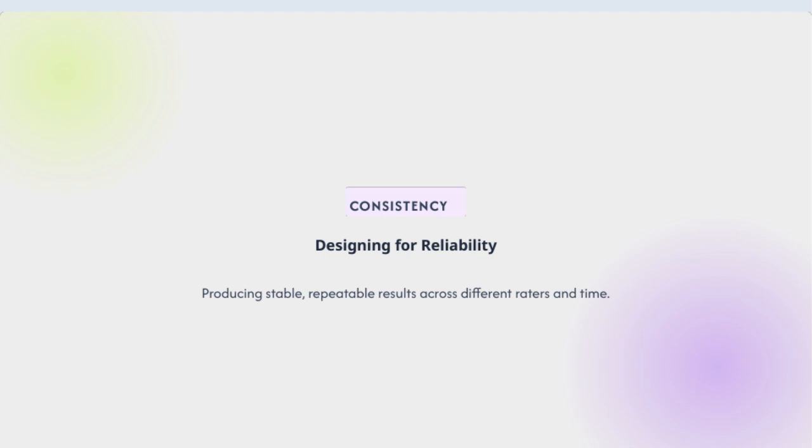When we focus on designing for reliability, we're essentially building systems and protocols that minimize variability caused by human factors or timing differences. This helps us achieve results that are not only accurate, but also comparable across various contexts. Ultimately, this consistency supports the overall integrity of our work and strengthens the validity of our conclusions.